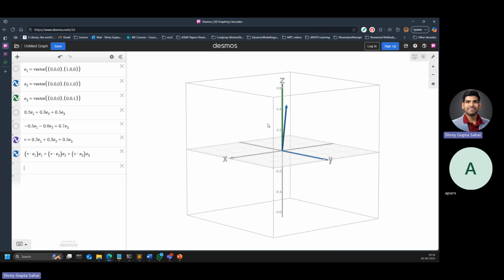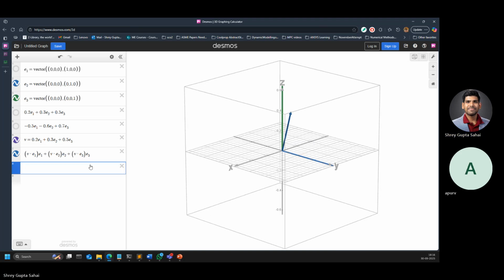So let's say E1, let's rotate this entire thing. So, Apoorv, if you're there, can you help me generate a rotated orthonormal basis from E1, E2, E3? Can you tell me some other R1, R2 and R3 expressions for these three?